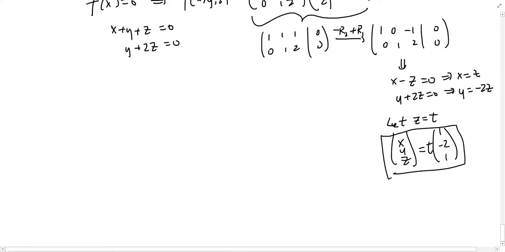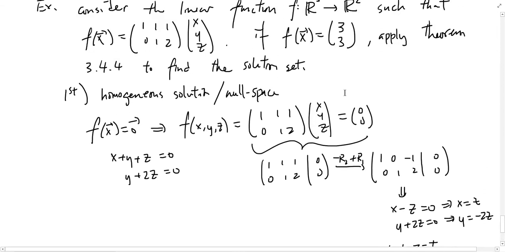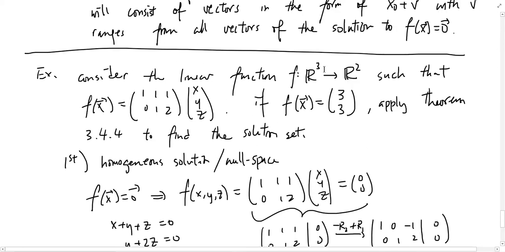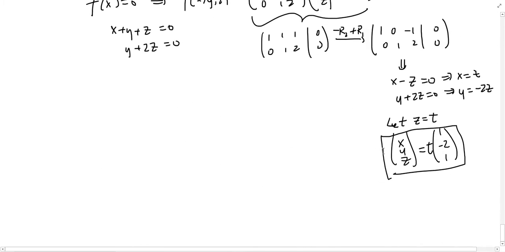That means our null space is spanned by one single vector, which is 1, negative 2, 1. Since this null space has only one direction vector, it is a line that goes through the origin in R3. Because our domain is R3, this has to be a subspace in R3.